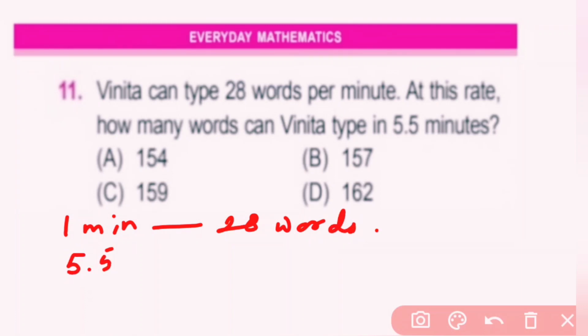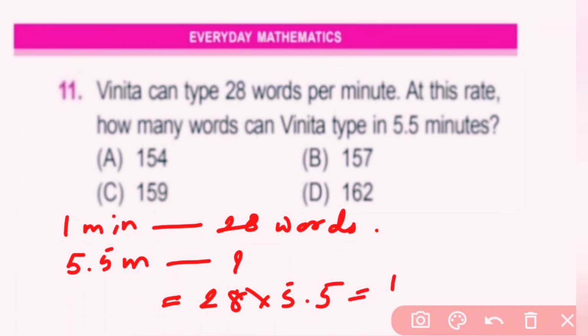So in 5.5 minutes, how many words? It is equal to 28 into 5.5, which is equal to 154.0. So she can type 154 words in 5.5 minutes. So here A is the correct answer.